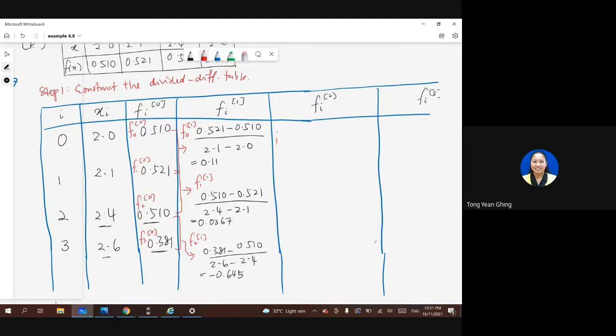So now we continue with the first divided difference. Continue with this one. Consider these two. This is the F0 second degree divided difference.